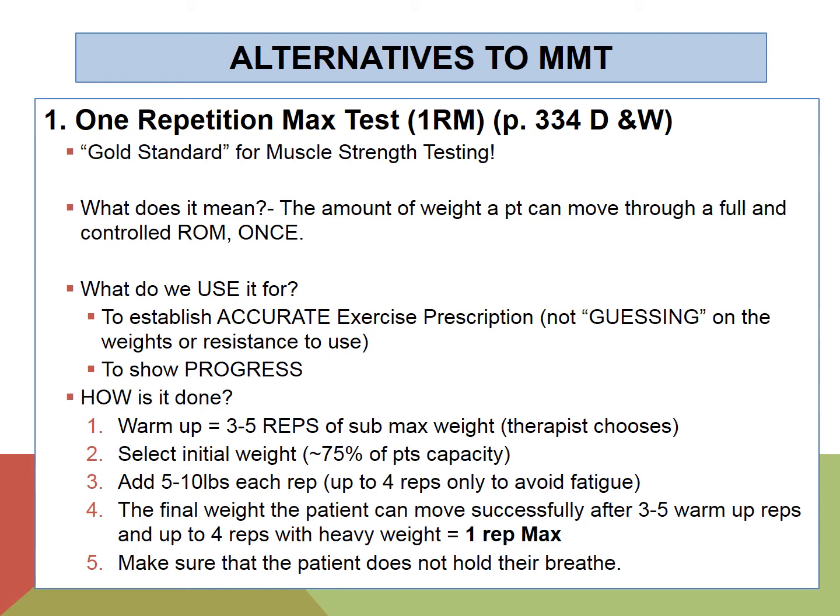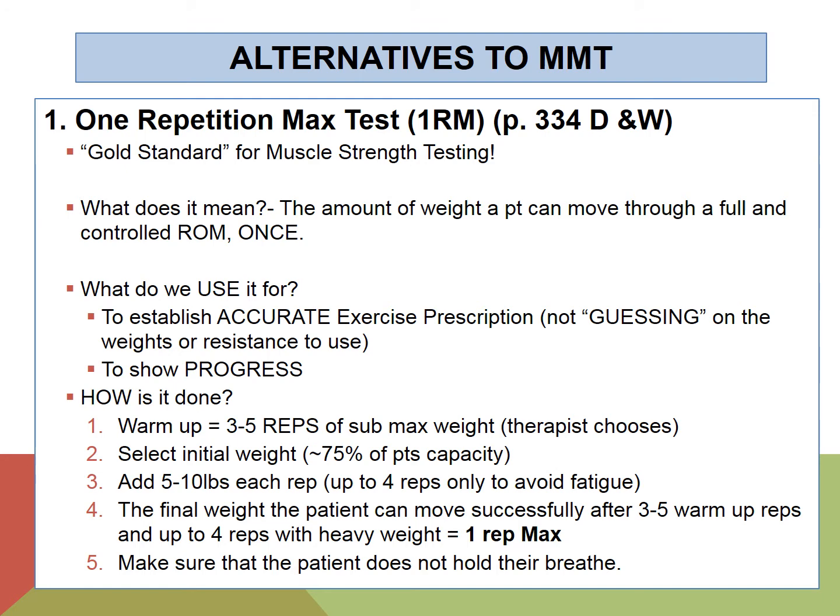It could be more time consuming though if you're using equipment to go through each of the ranges of motion, and that's why manual muscle test, which is much more efficient in the clinic, is used more often. But the 1 rep max test is the amount of weight that a patient can move through a full controlled range of motion once.